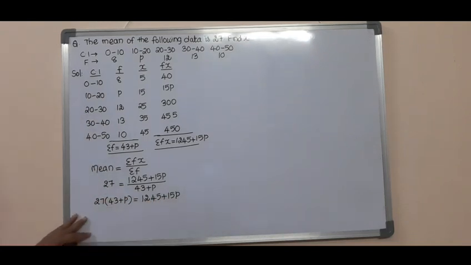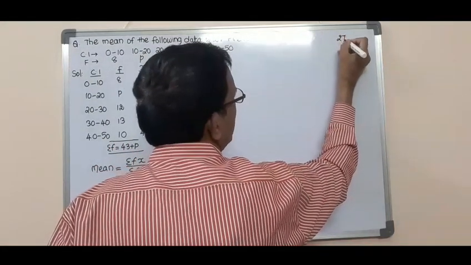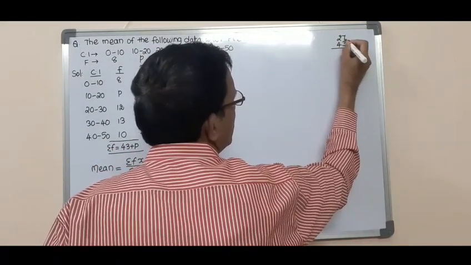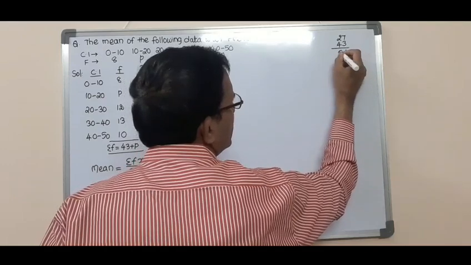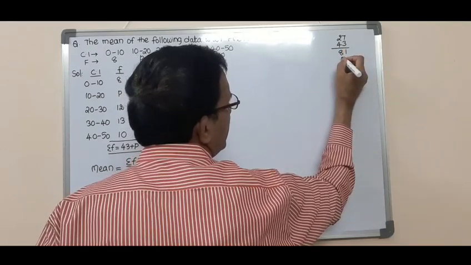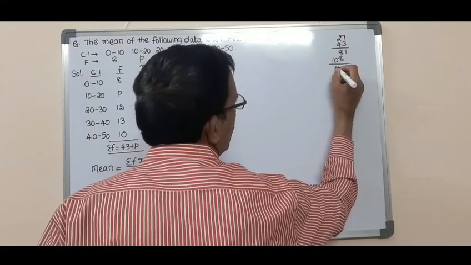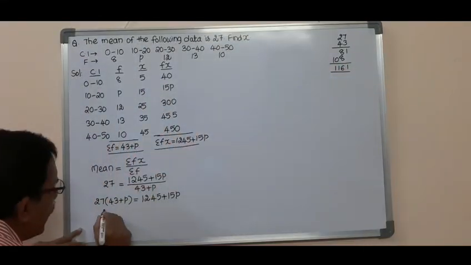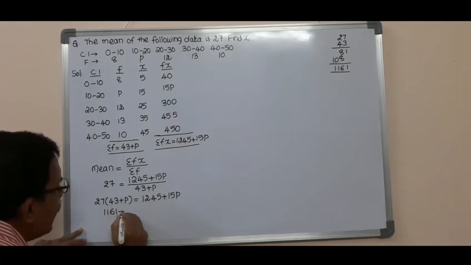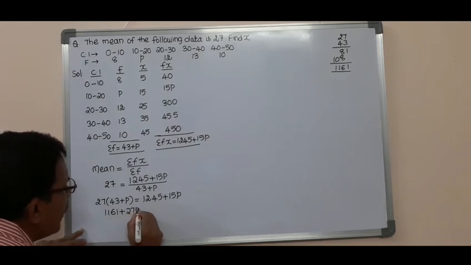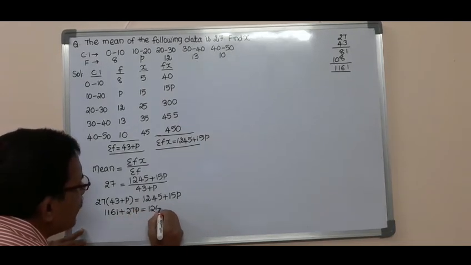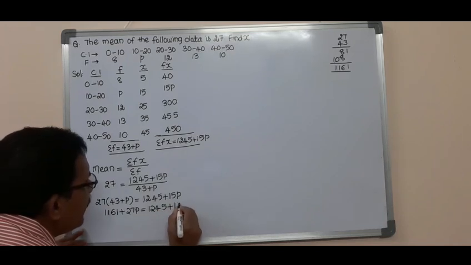Now 27 into 43 is 1161. So 1161 plus 27p is equal to 1245 plus 15p.